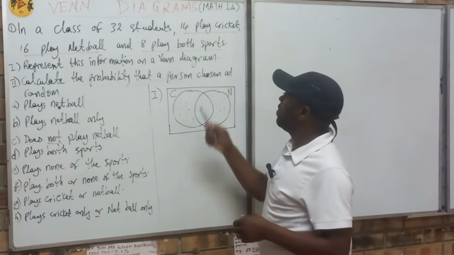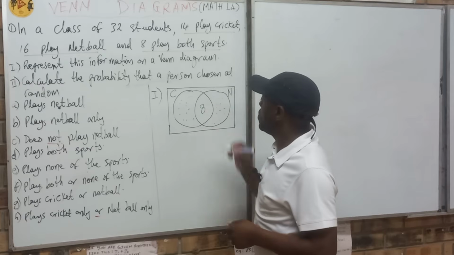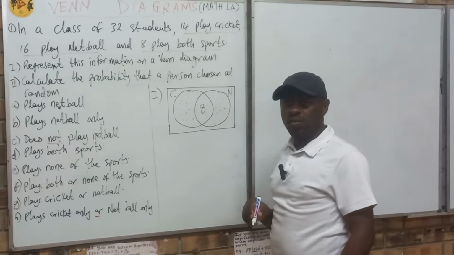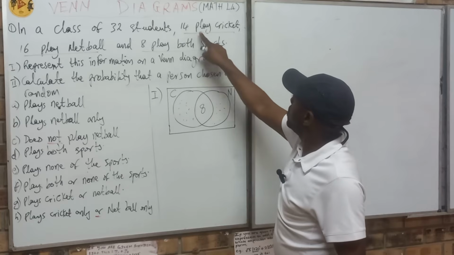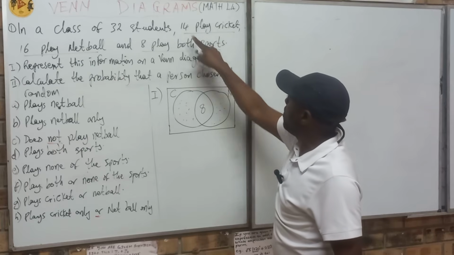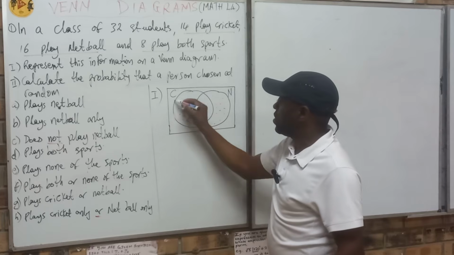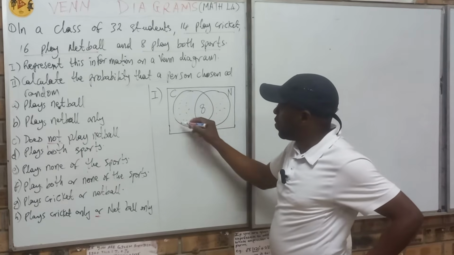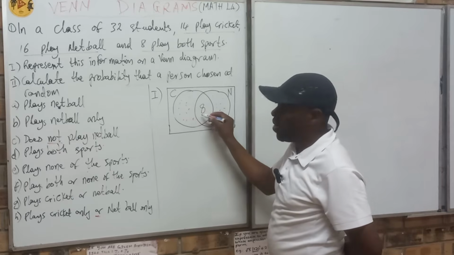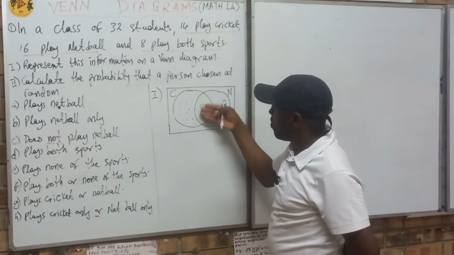If I'm completing a Venn diagram, I start with both, which goes at the center. Then I can move over to cricket. Those students who play cricket are 14, and cricket is a whole circle. But as I go through this circle, there are already 8 people involved who play both sports.